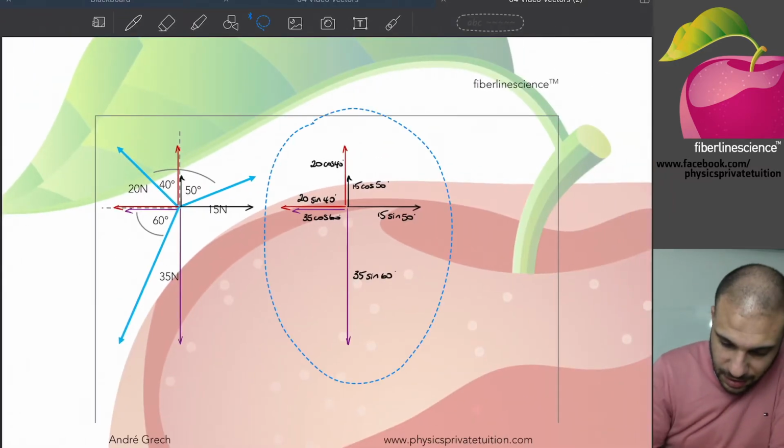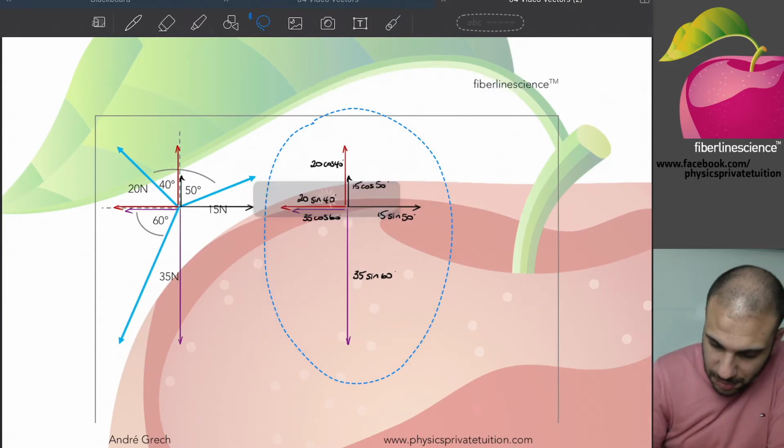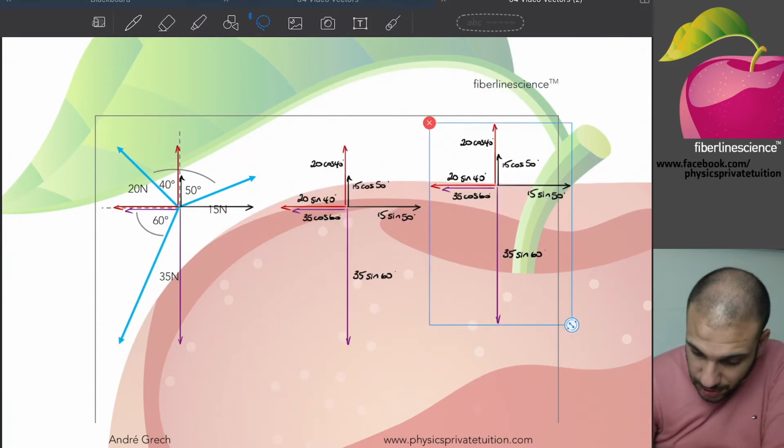Again, yet another diagram. We redraw those arrows.